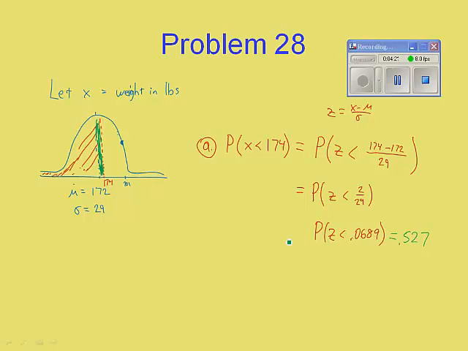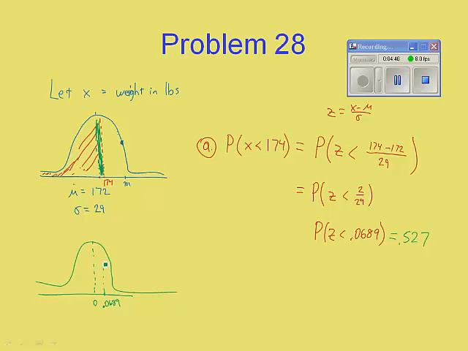Again, because when I typed it in the calculator, I was typing in the z-score. And the z-score we said is 0.0689, right? That's the z-score for 174. And the z-score for 172, of course, is 0.